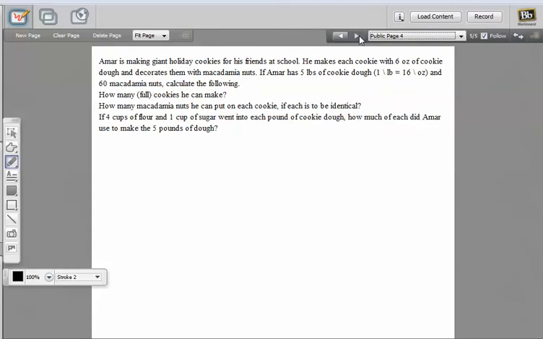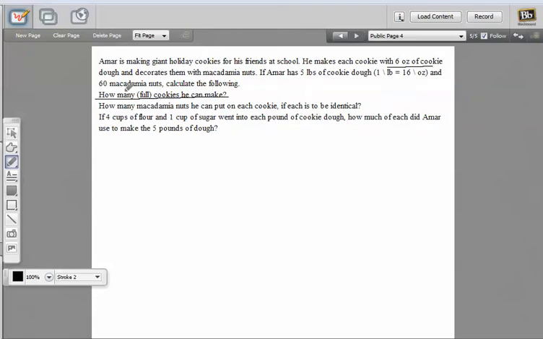And the last question we're going to go through, Amar is baking giant holiday cookies for his friends at school. He makes each cookie with 6 ounces of cookie dough and decorates them with macadamia nuts. If Amar has 5 pounds of cookie dough and 60 macadamia nuts, calculate the following. How many full cookies can he make? Well, notice that it's 6 ounces for one cookie.